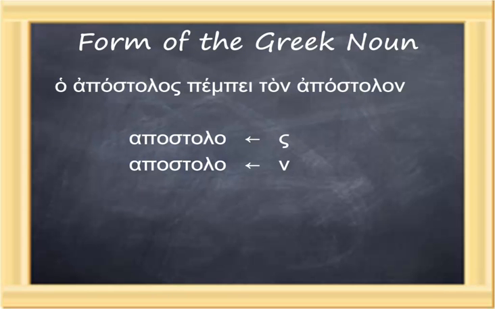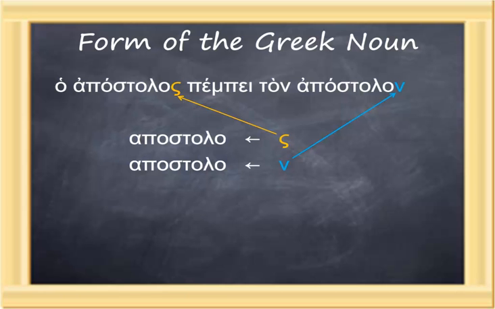I've put a Greek sentence on the board here to illustrate the form of the Greek noun. Ha apostolos pempe ton apostolon. Notice the word apostolos occurs twice in the sentence. In the first occasion, it has a sigma at the end, and in the second occasion, it has a nu at the end.